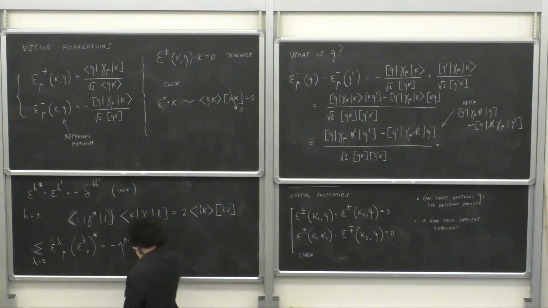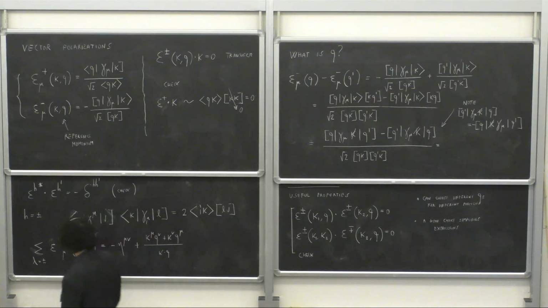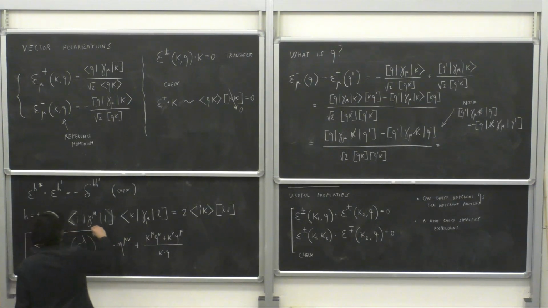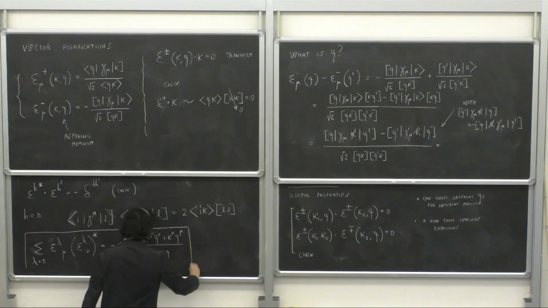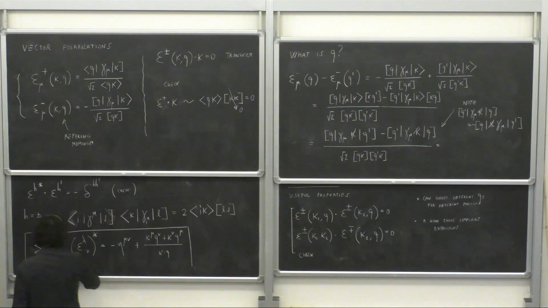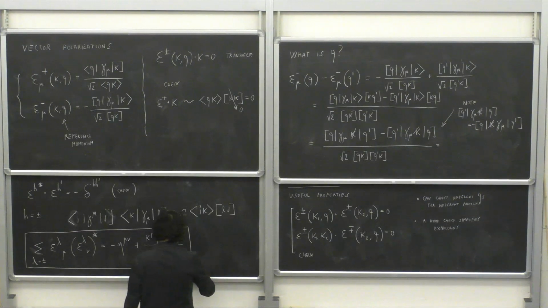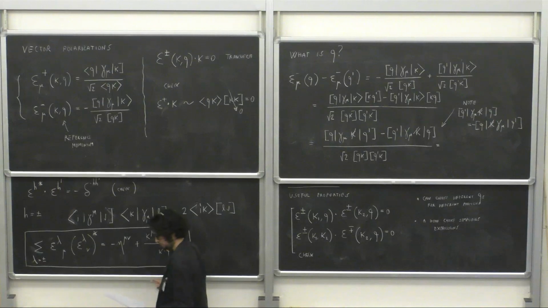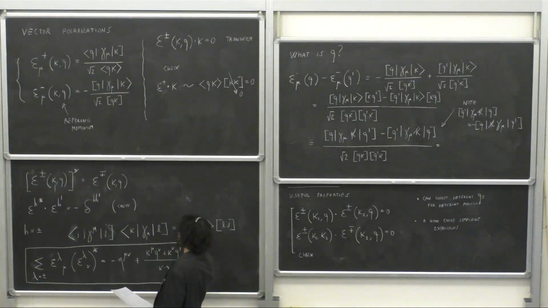There is the metric here plus an extra piece which depends on K and Q, where this is divided by K dotted into Q. So this is another useful relation that you can verify just with the tools which I gave you or mentioned. Okay.